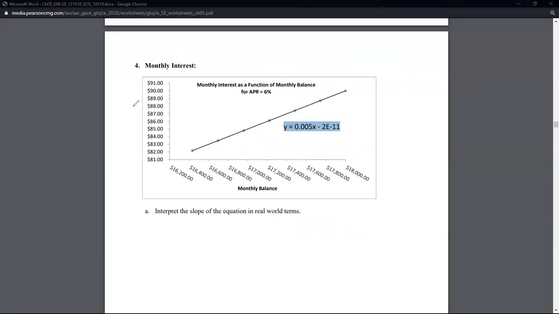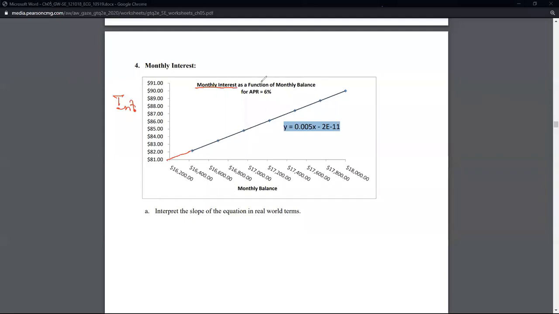It does say monthly interest here, so that's implied, but I would prefer that somewhere this says interest along that y-axis. And again, it is labeled here, so that's good enough, but if you want to be thorough, I'd label it here too. Now, this equation looks a little different than the other ones we just had, because this line isn't going all the way to the y-axis.